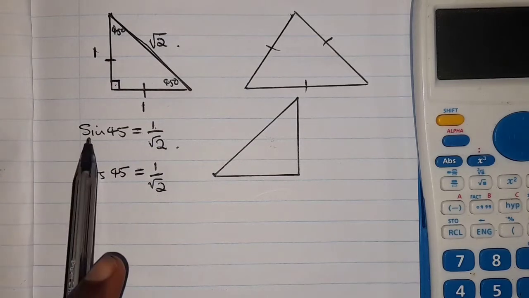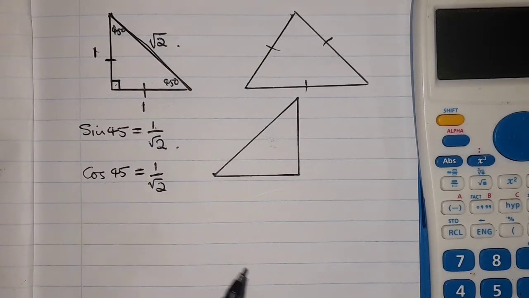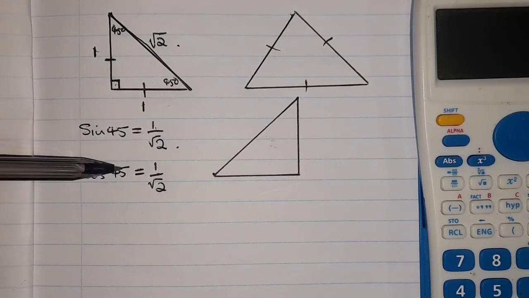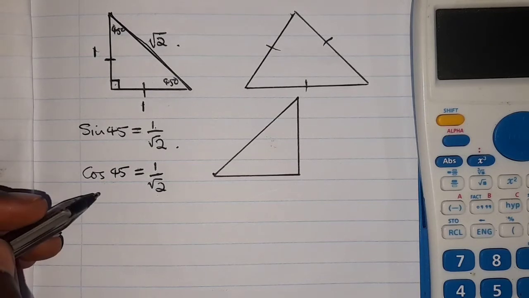So it follows that sine 45 and cos 45 are equal. And also, please notice that 45 and 45, when you add them, they give you 90. So we call them complementary angles. That is from Euclidean geometry. If two angles add up to 90 degrees, then we call them complementary angles.